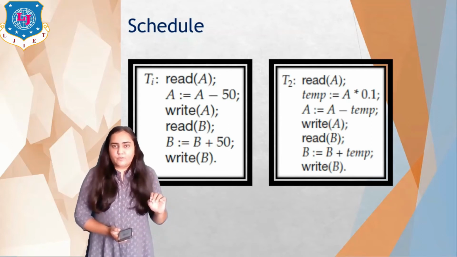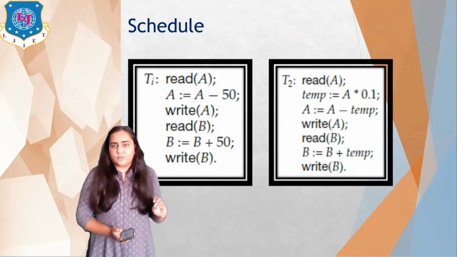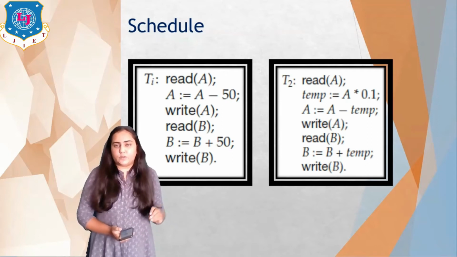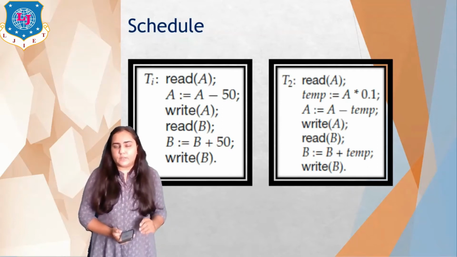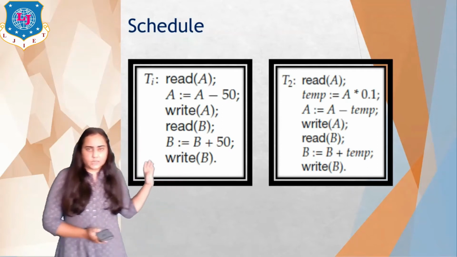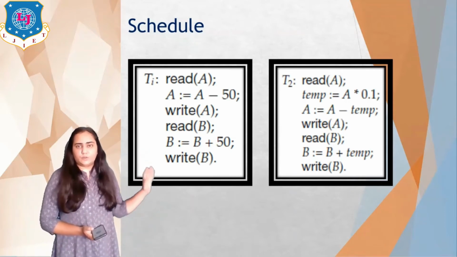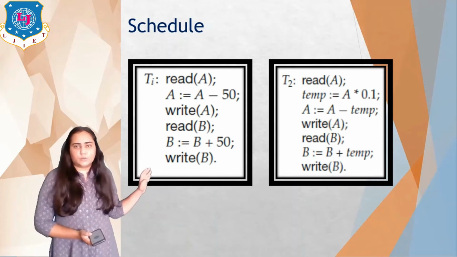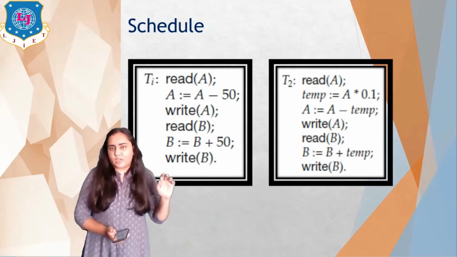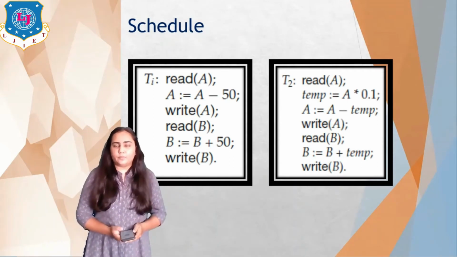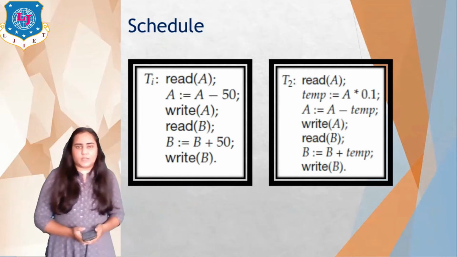Then this temp variable is subtracted from A, and it is also added into B. So once again, T1 is transferring 50 from A to B, and T2 is transferring 10% of A from A to B. So these are two transactions.